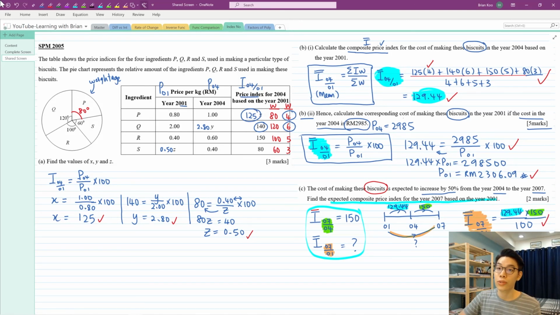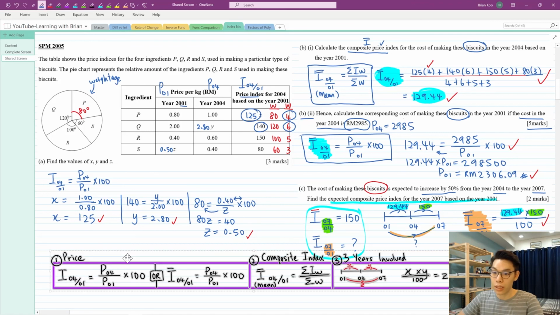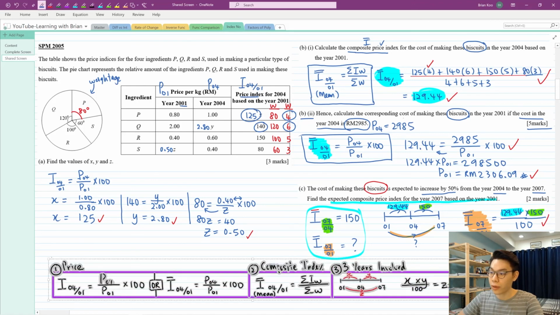Okay, so to summarize the whole question, you see I only use 3 formulas. First one is talking about price. If it's I, then it's going to be for your ingredient P, Q, R, S. If it's I bar, then it would be for your biscuits in this case.